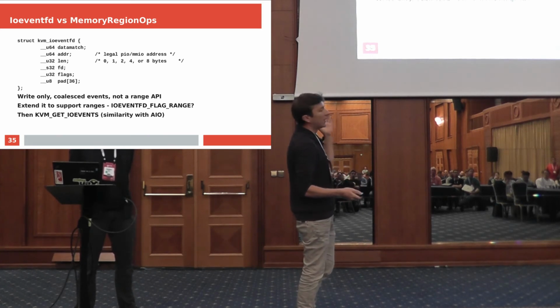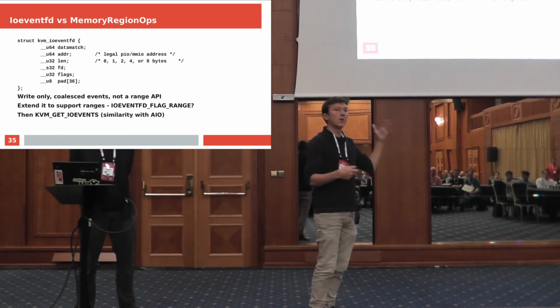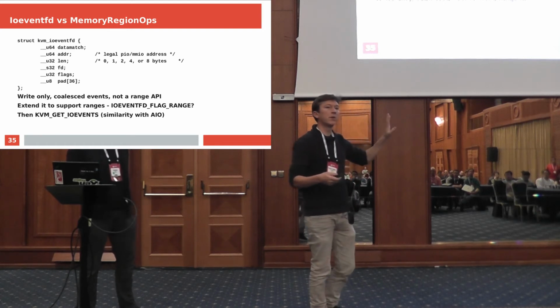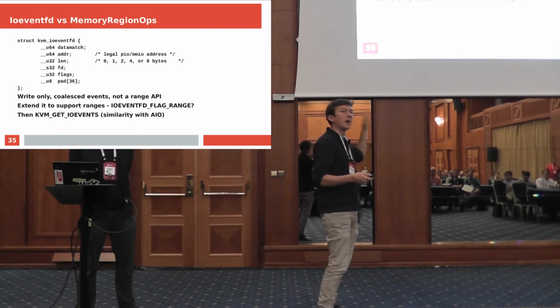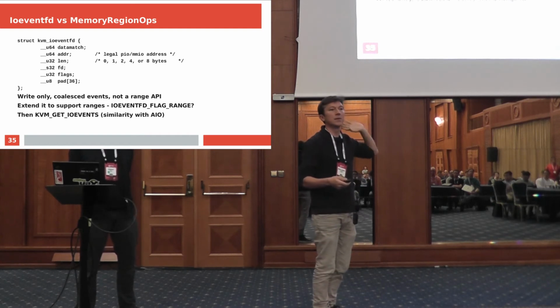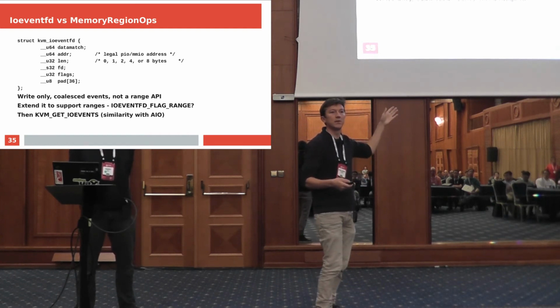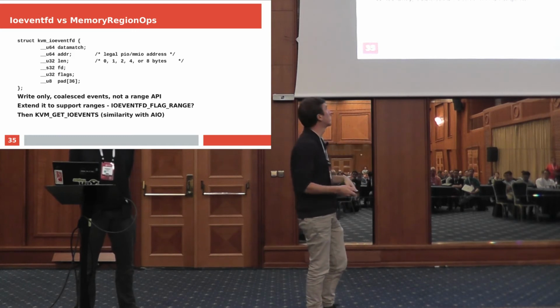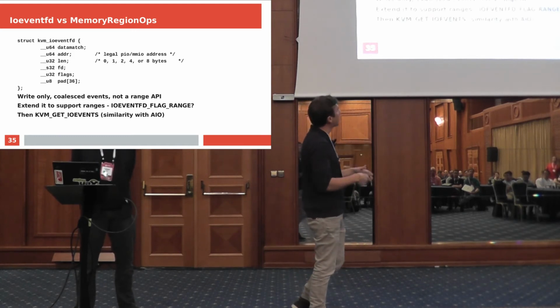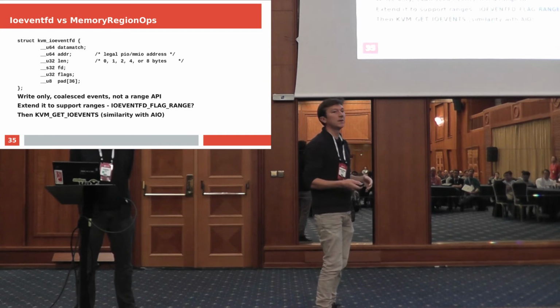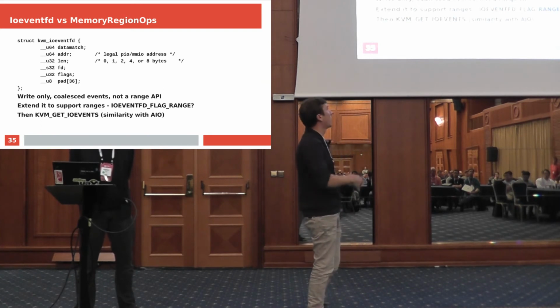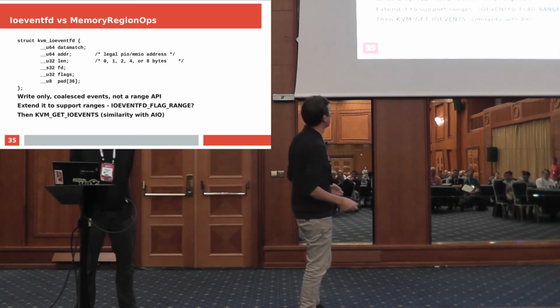As far as I understand, this is not the same way as we have seen just before. This is kind of asynchronous, and it's only on write operations, so it doesn't map to legacy devices. It is good for modern devices that are asynchronous. If we want to implement legacy devices, we could extend this API somehow, make it a range API to cover more memory regions, because we don't want tons of eventfds.